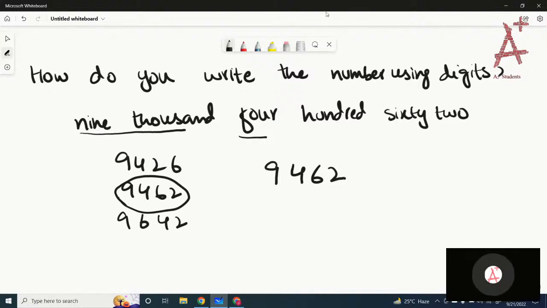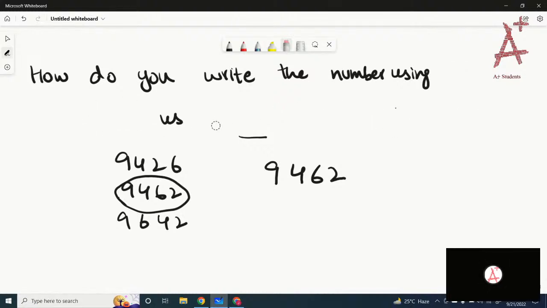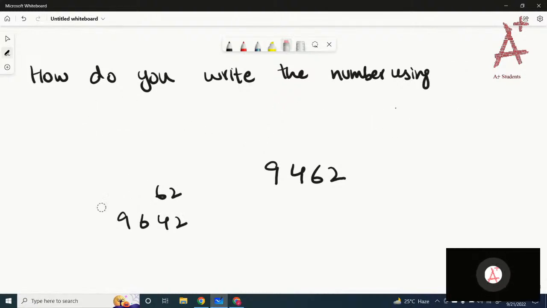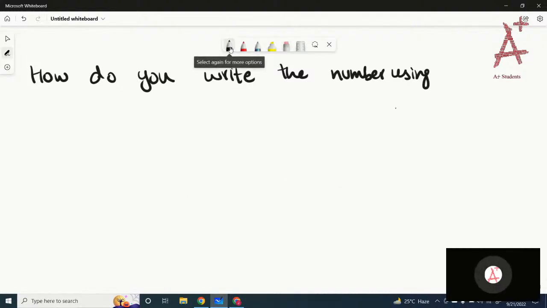Okay, the next one is, how do you write the number using words? You are given the digits, you have to write it in words. So using words, the number is 9003. So you have options given.